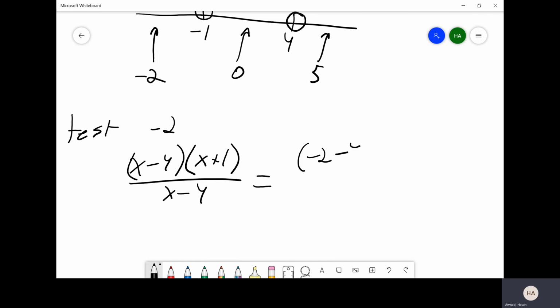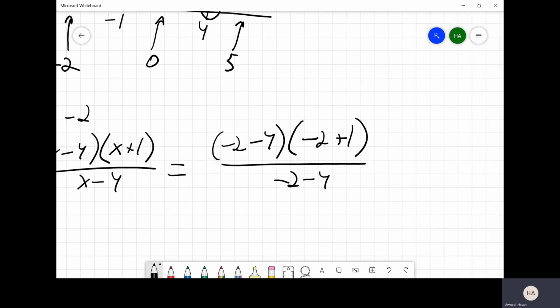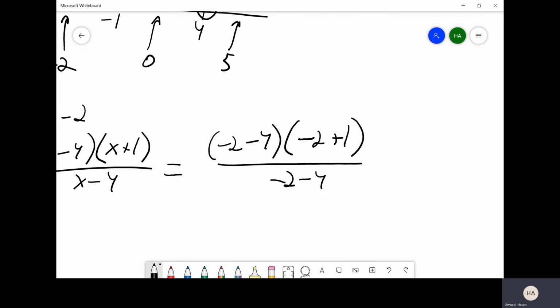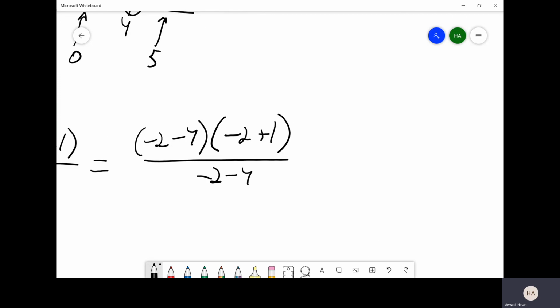We have negative 2 minus 4, then negative 2 plus 1, and then negative 2 minus 4 again. If you know that negative 2 minus 4 gives you a negative number, you know you're going to get a negative on the top and a negative on the bottom. The sign here is going to be the exact sign you get here because it's the same factor.